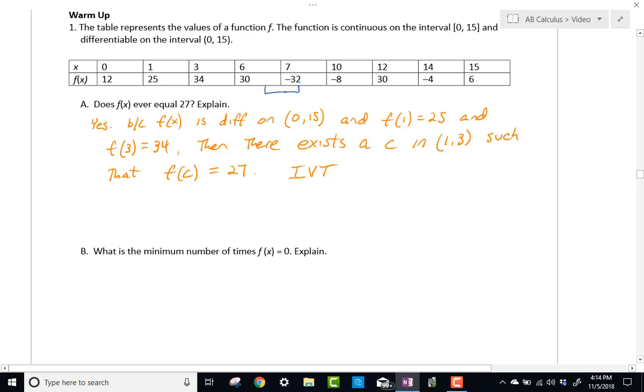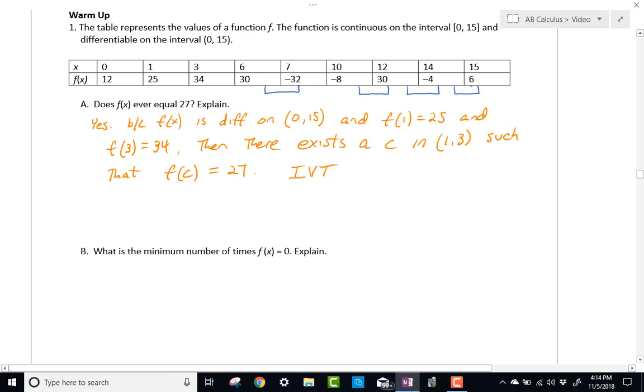Now, could it equal 0 in some of these other ones? Yes, it could, but I don't know any other information about it. So when it says the minimum number of times, I know it has to equal 0 from 30 to negative 32, and then I know it's going to have to be 0 between negative 8 and 30, and then again from 30 to negative 4, and again from negative 4 to 6. It's got to hit 0.